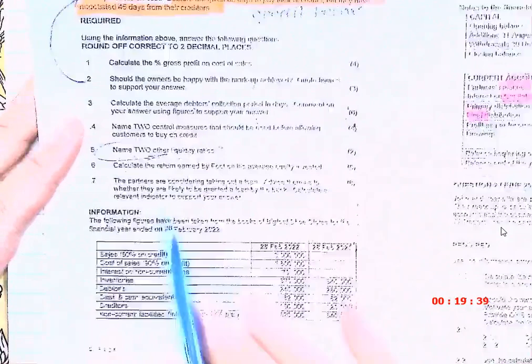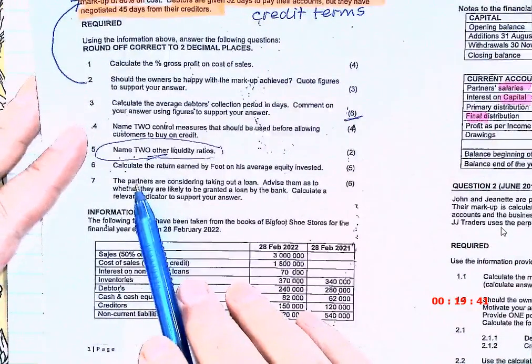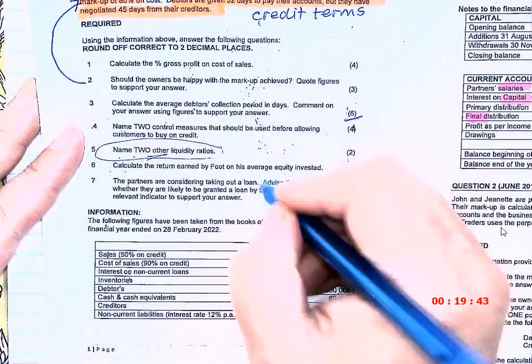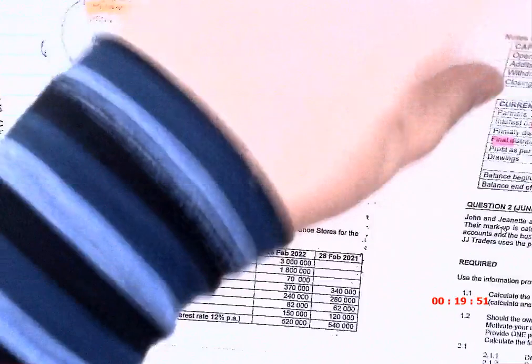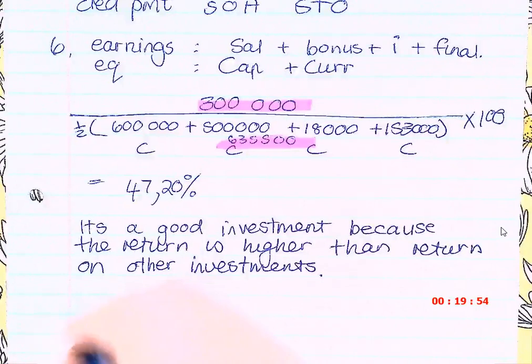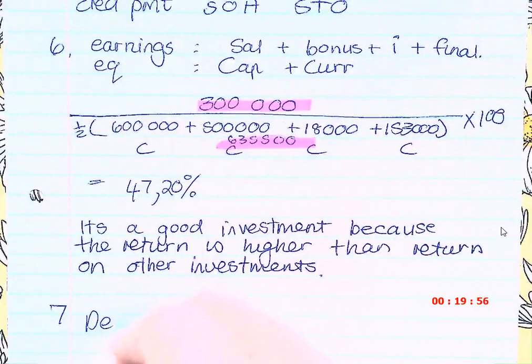So now they say, number 7. The partners are considering taking out a loan. As soon as you see the word loan, what is the ratio you're going to use? Debt equity. So immediately you are focusing on debt equity.